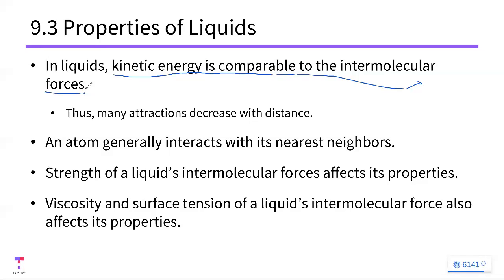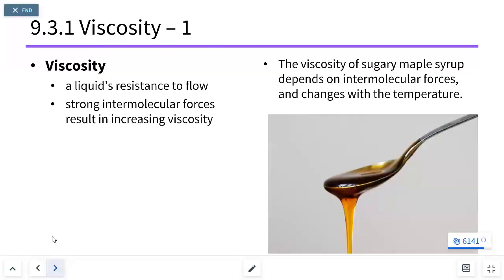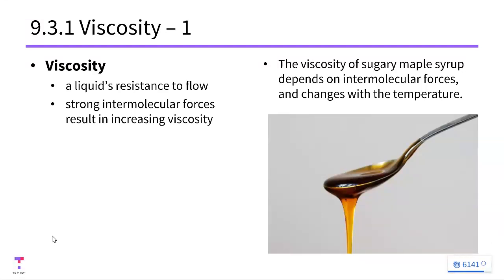The first one we're going to look at is viscosity. Viscosity is defined as the resistance to flow for a particular liquid. Viscosity and kinetic energy do have kind of an inverse relationship to each other.